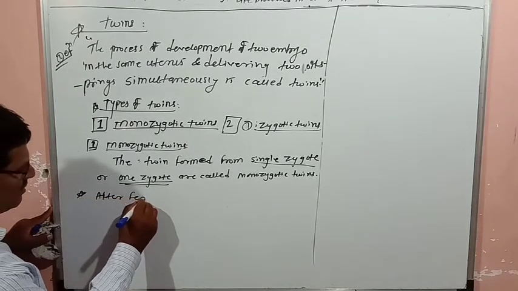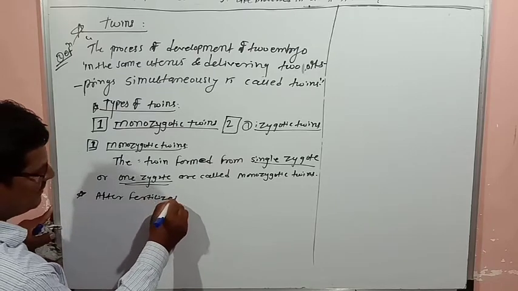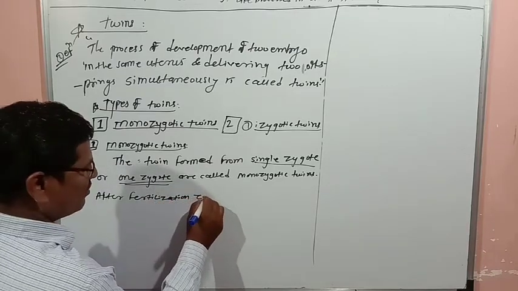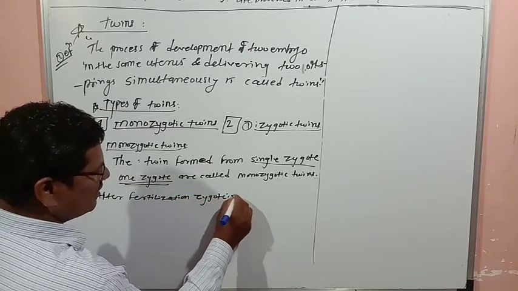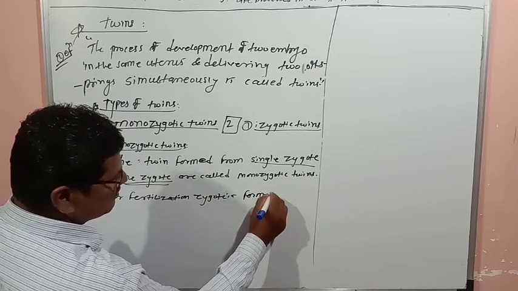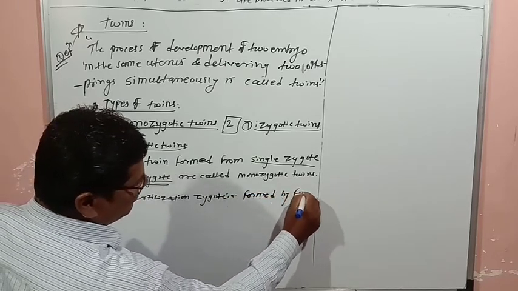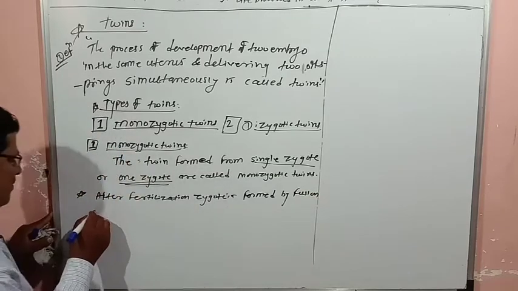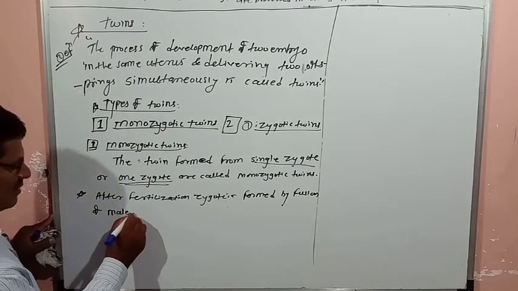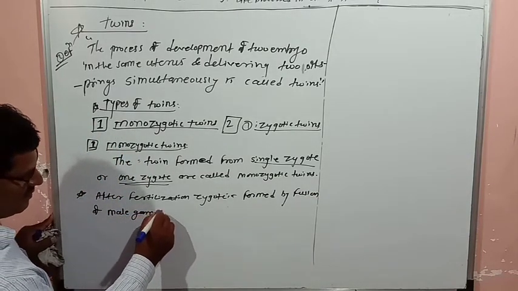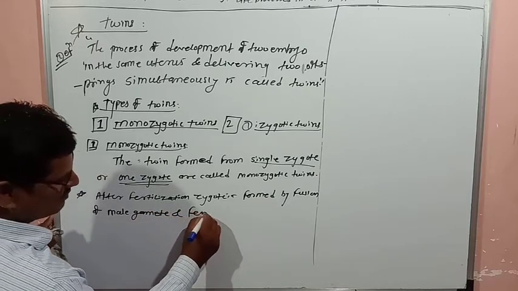After fertilization, zygote is produced. Zygote is formed by fusion of a male gamete and a female gamete.